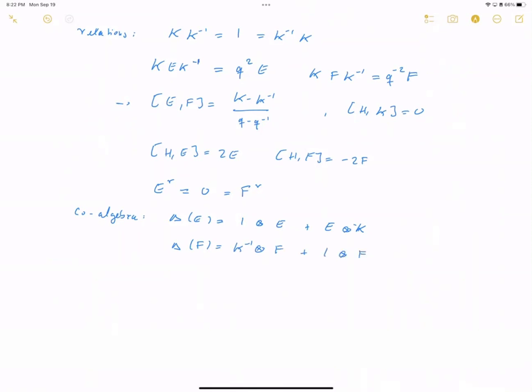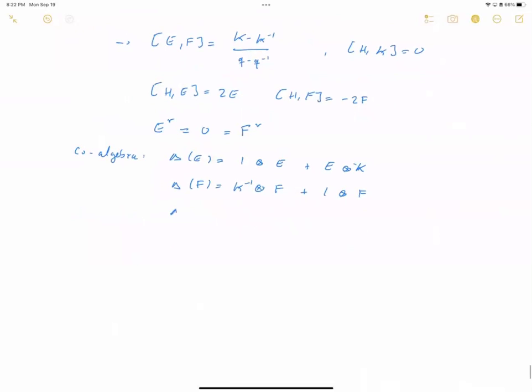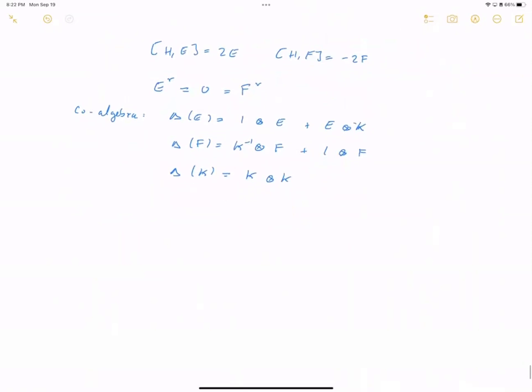I just thought I'd repeat it because I think it's very good to have seen these unrolled quantum groups. They are much less familiar than the usual quantum groups, but I think they play quite an important role. And H, this additional element, you just give it trivial co-multiplication.